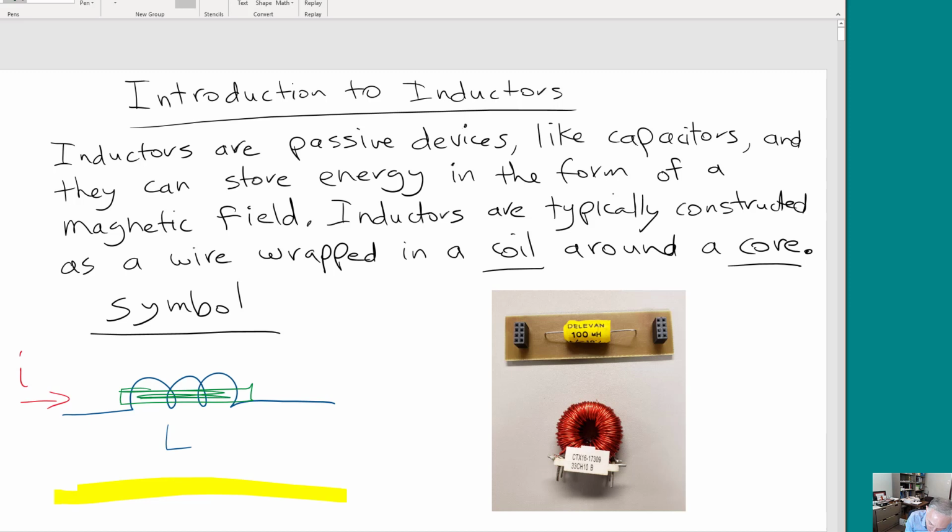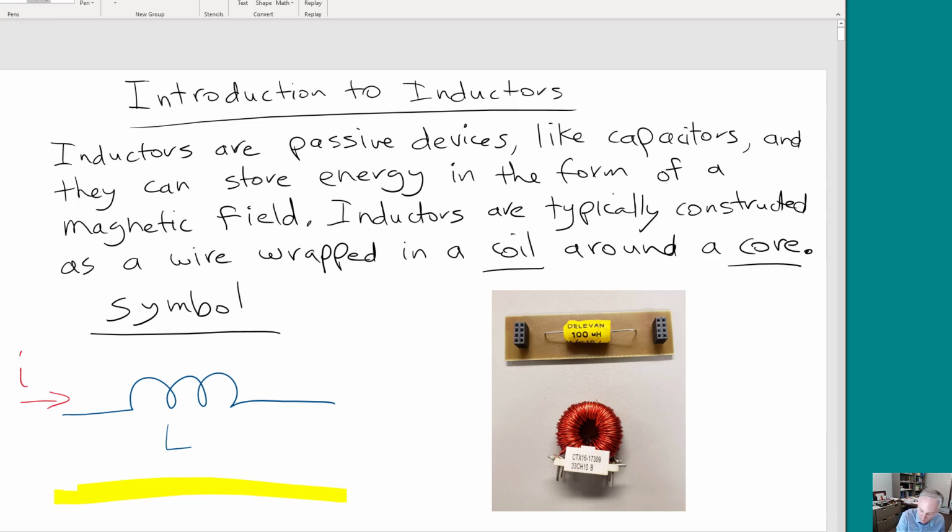It's some solid piece of ferromagnetic material inside the center of that coil, and what that does is it intensifies the magnetic field, so it effectively increases the inductance of the inductor, okay? And it has some other features that are a little bit drawbacks, but those are the two basic ways of making an inductor with an air core or a ferromagnetic core.